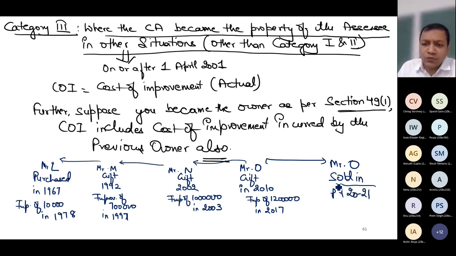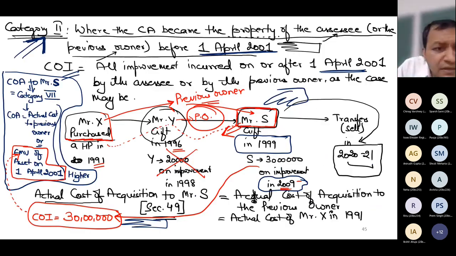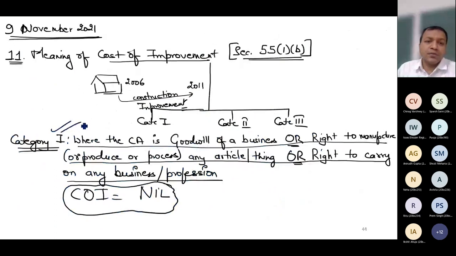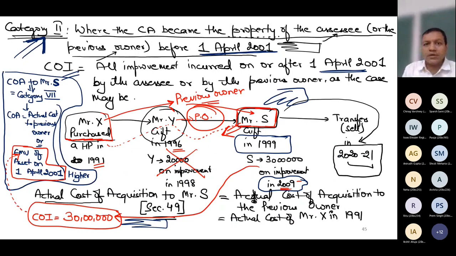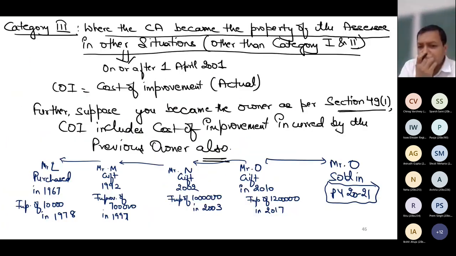Now if I have to compute cost of improvement, first of all, am I covered in category 1? The answer is no, because it is neither goodwill nor any right. So I will move to category number 2. Am I the owner before 1st April 2001 in this example?